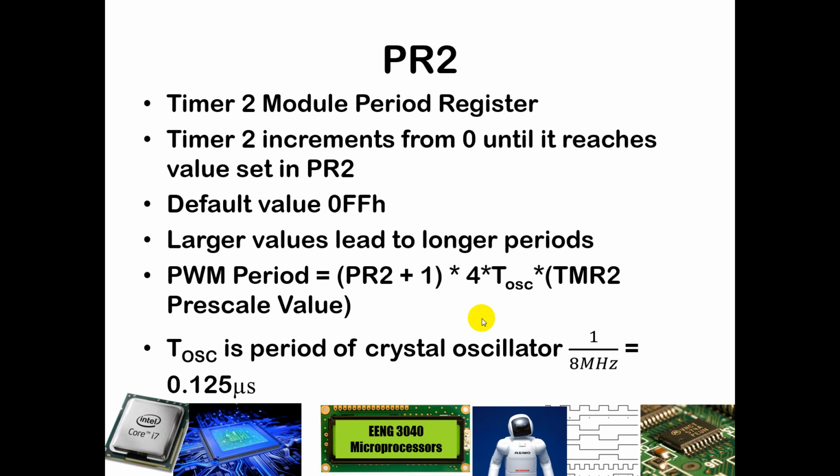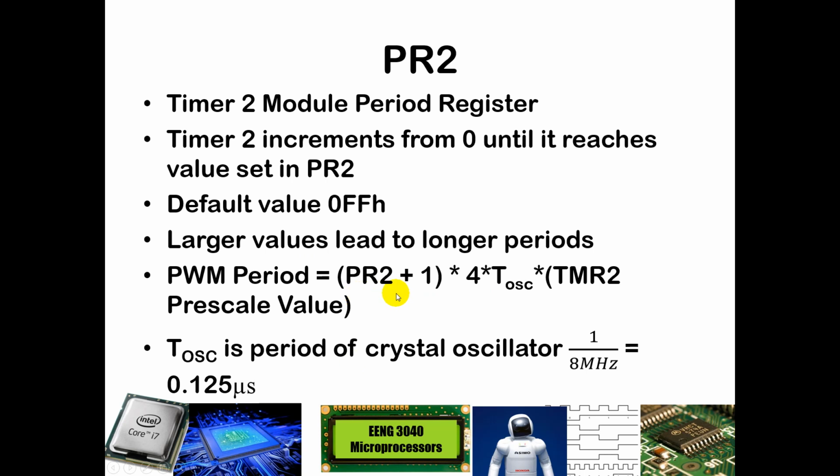Now the default value there is FF hex, and so it would increment just like Timer 0 does, from 0 all the way through to FF and then overflow. You can actually choose when it overflows by replacing the value in PR2. But for our purposes, and I'll explain why later, we will use FF in PR2 for this lab. And so you can see here the equation for how long the period is.